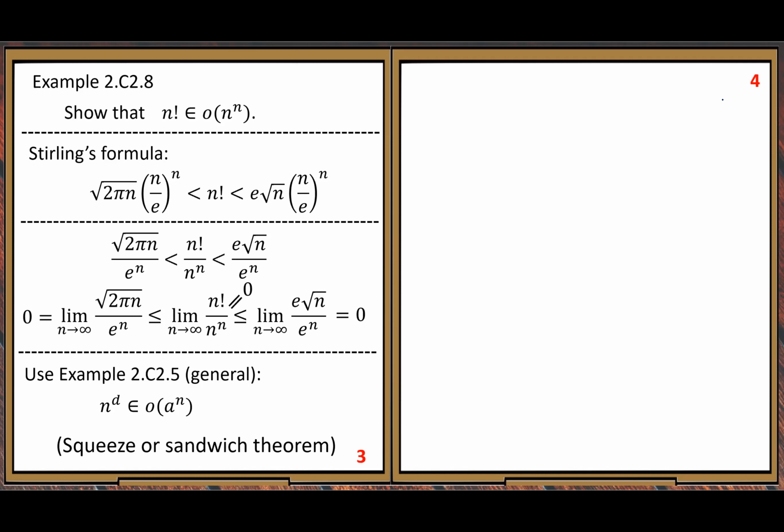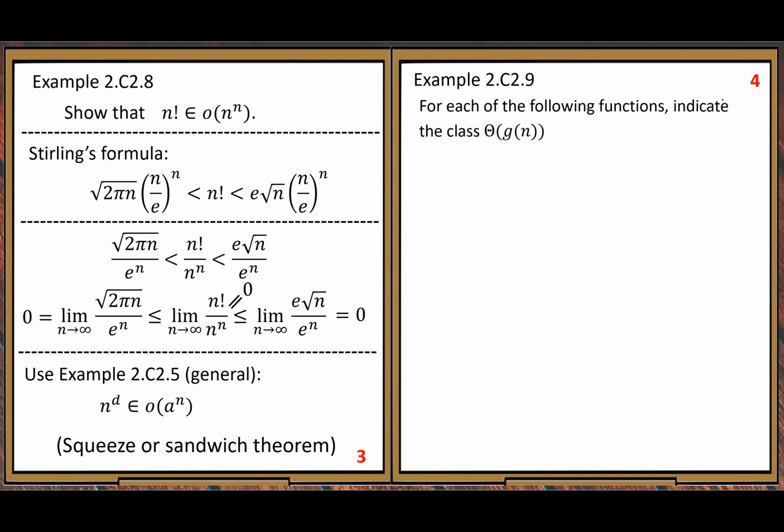All right. Example number 9. For each of the following functions, because this is a typical question you may have in the homework assignment, I'd like to give you a multiple choice style question. Here it's not multiple choice; although there are many options, we need to work one by one.